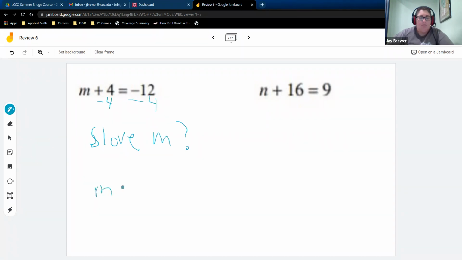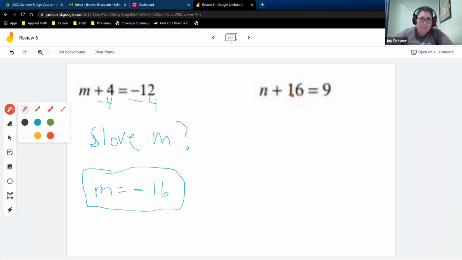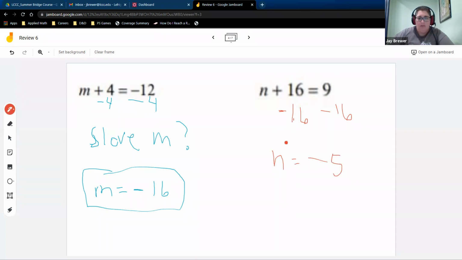So m here would be negative 16. Again, similar if we're going to solve for n. Whatever you do on the left side or one side of the equation, you have to do on the other. And then 9 away from, so negative 5. So you guys are way quicker than me on that mental math.